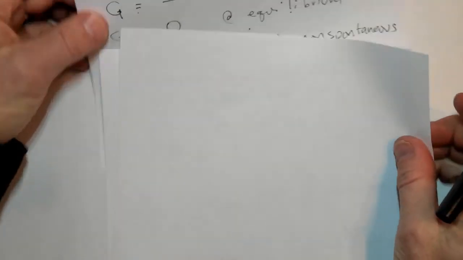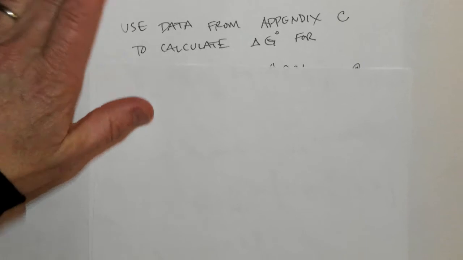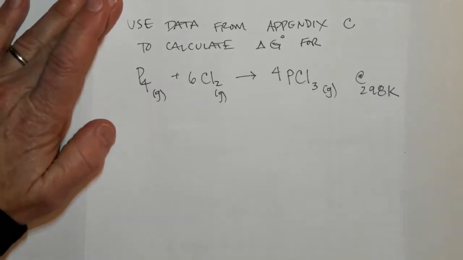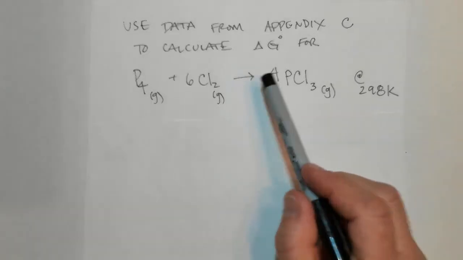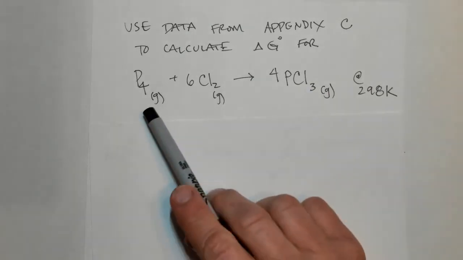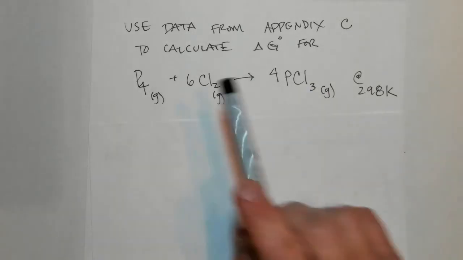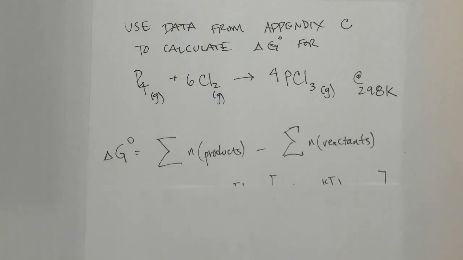So our sample problem will ask us to use data from Appendix C to calculate delta G for this reaction. So we'll find our Appendix C right here, and we'll have to look up the products, PCl3, and subtract from that the Gibbs free energies of P4 and Cl2.